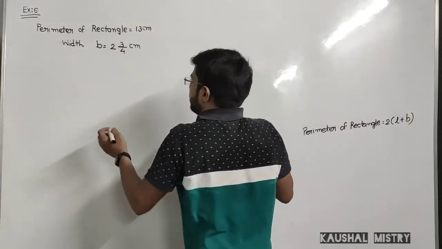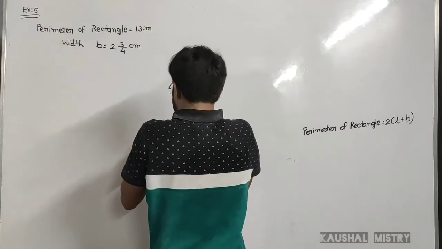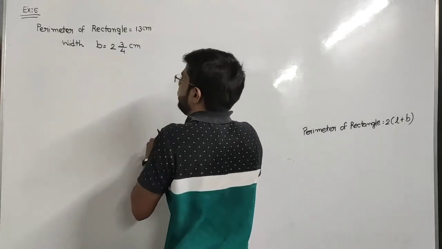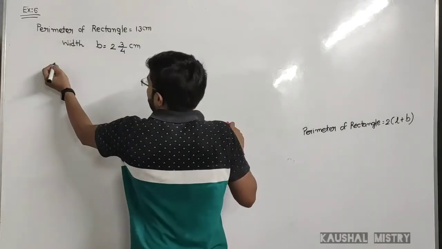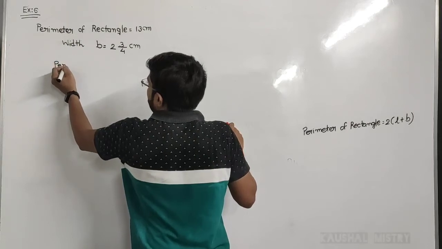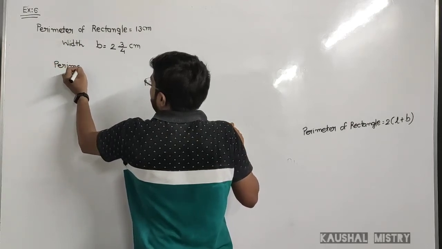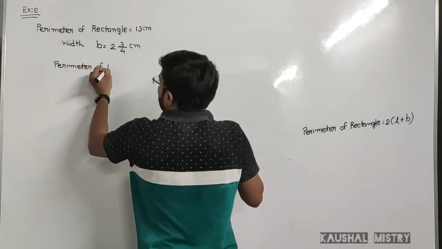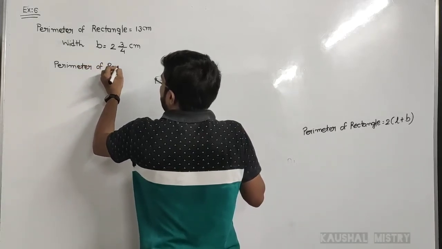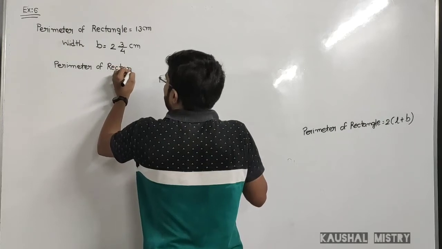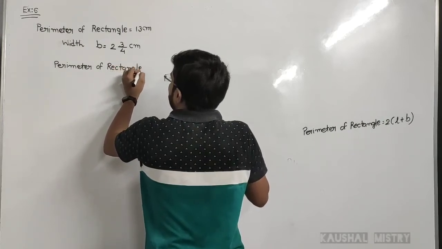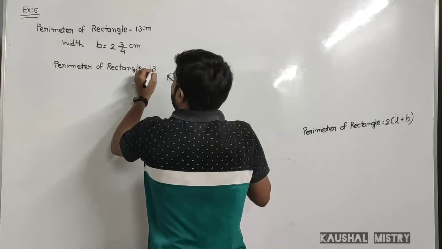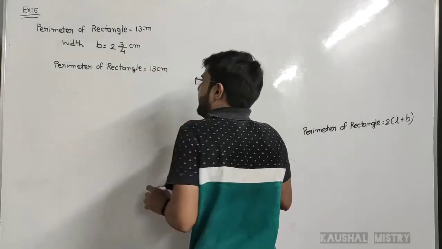So now we know the formula to find the perimeter of a rectangle. The perimeter of a rectangle is equal to 13 centimeter, right?